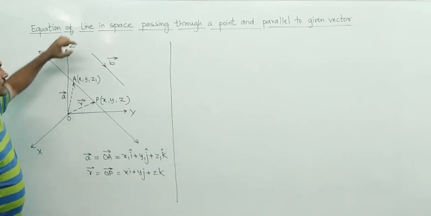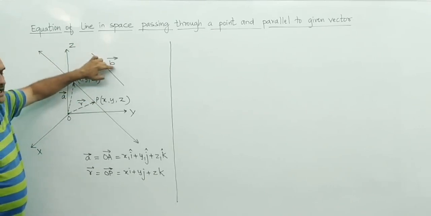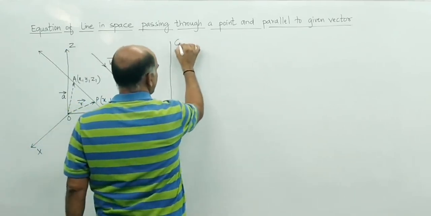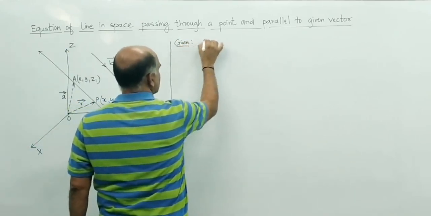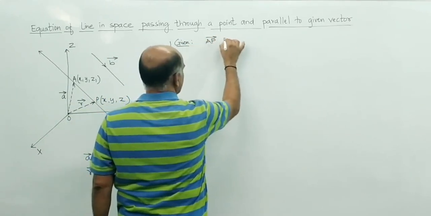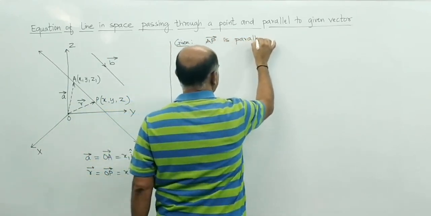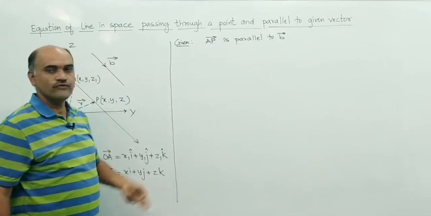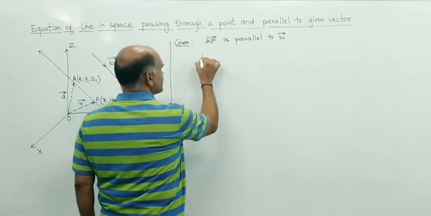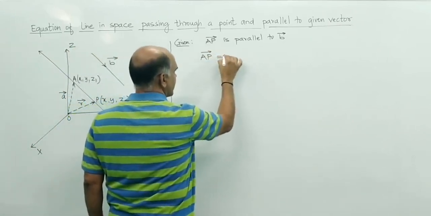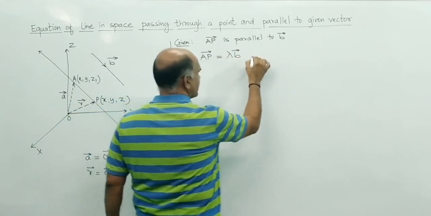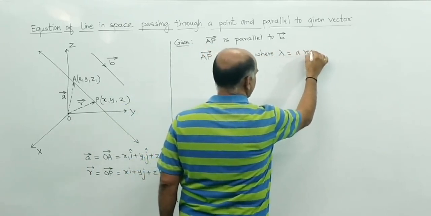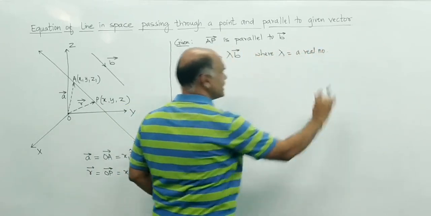Now, what he says, the line is parallel to b, means AP is parallel to b. So we are required to find vector AP parallel to vector b. If two vectors are parallel, then the condition is AP is equal to lambda b, where lambda is any real number.